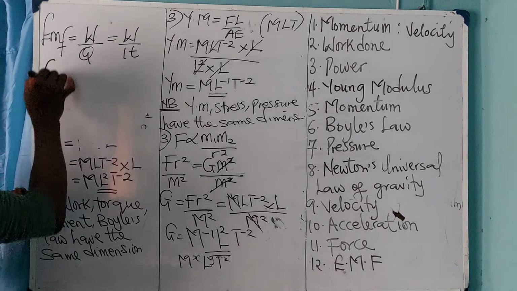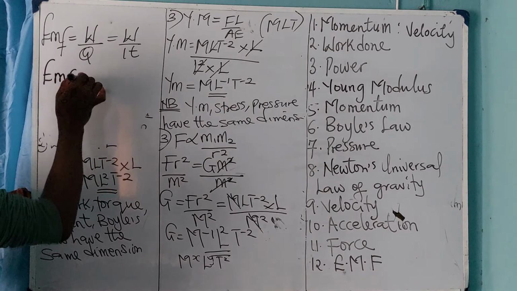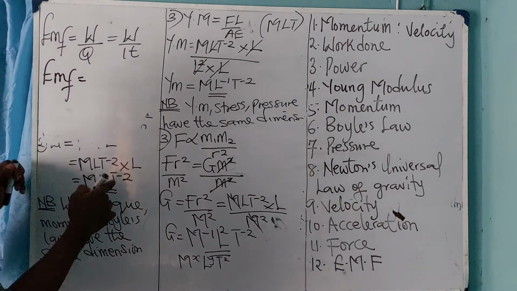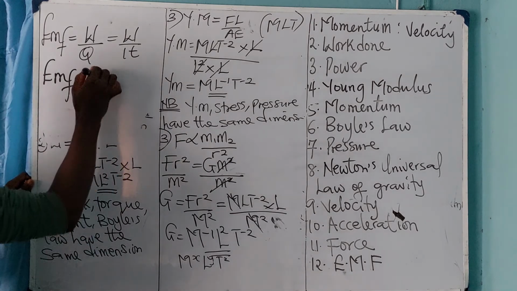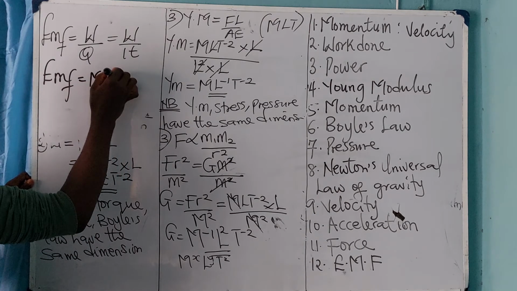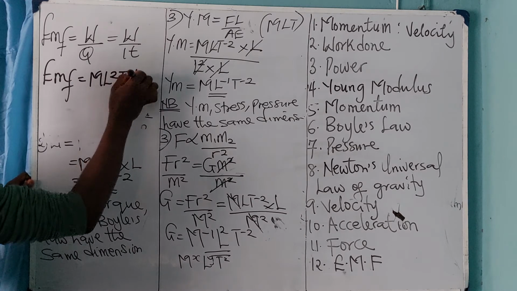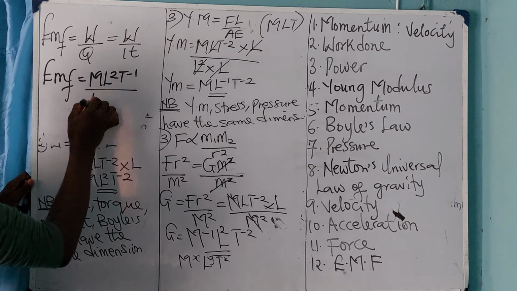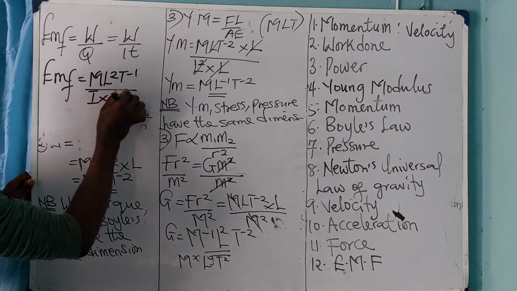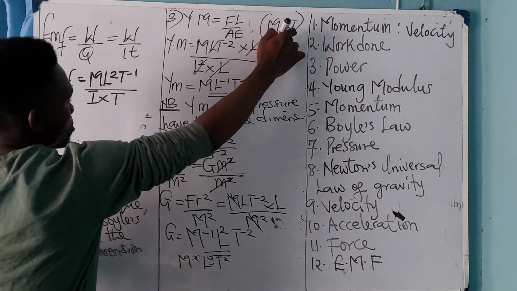Therefore, this becomes work done, which I deduced before as ML squared T minus 2, so you put it here, over current I, then time T. Don't forget, we're always using capital T.